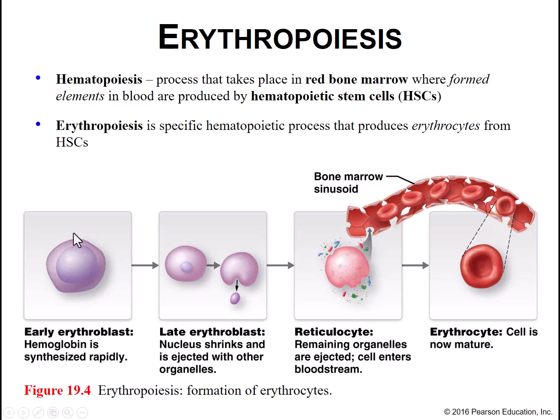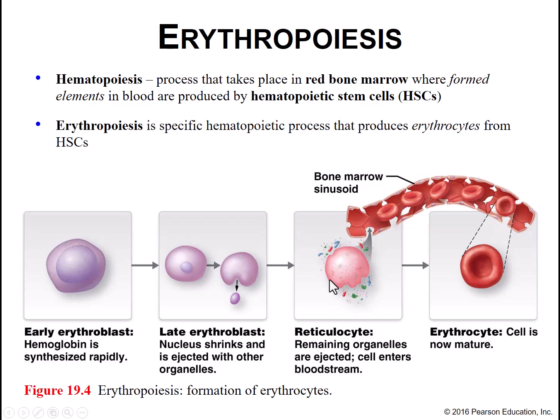So you still have your nucleus, and you have all of your organelles making lots and lots of hemoglobin. And then once you've made enough hemoglobin, it goes into a late erythroblast. The nucleus shrinks and is ejected with all the other organelles. And then all that remains are all those hemoglobin molecules that were made in our previous stage, when we were an early erythroblast.